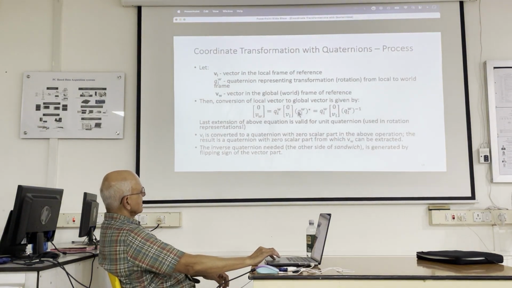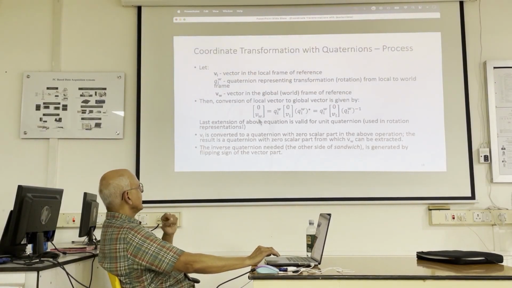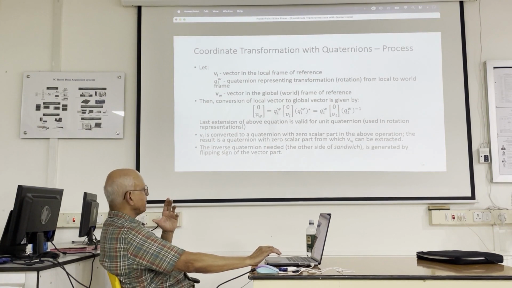Then post-multiply by QLW inverse. This is a quaternion with norm 1, so the conjugate is the same as the inverse. If you do that, you end up with a quaternion with a 0 in the first position. You unpack the bottom three, and that will be the vector in the world frame. This is a complicated series of operations, so I'm going to repeat it.